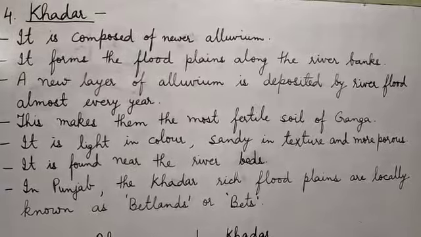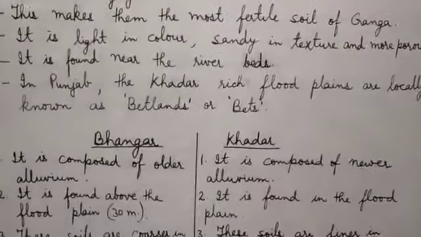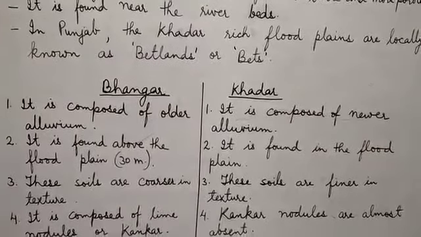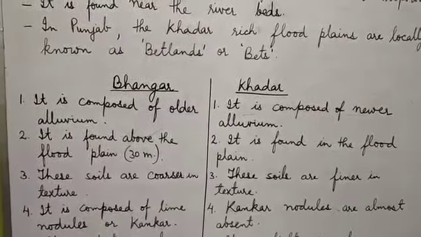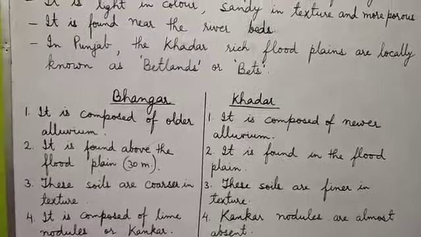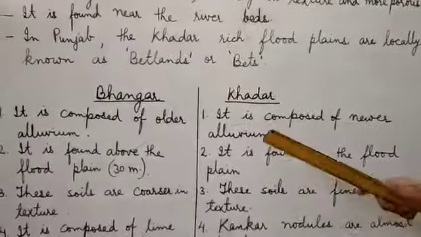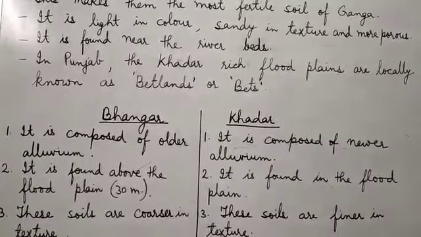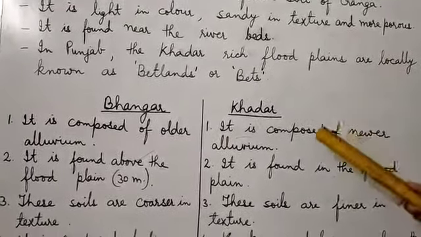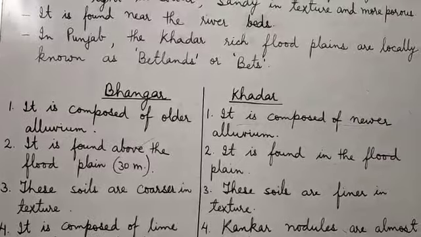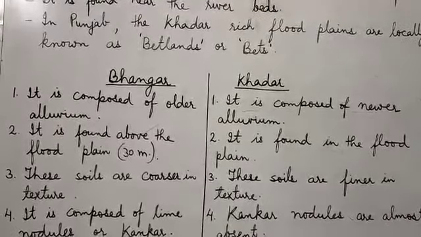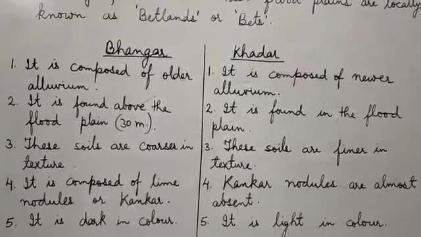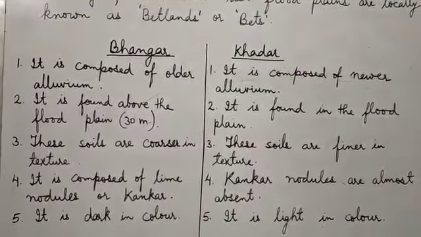Now let us see what the differences are between the Bhangar and the Khadar. All the points are given to you. The first point is Bhangar is composed of older alluvium, whereas Khadar is composed of newer alluvium. Therefore Khadar enriches every year, and Bhangar, as it is away from the floodplain, does not enrich every year.